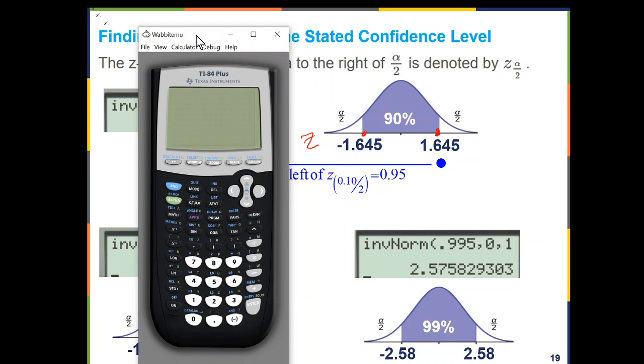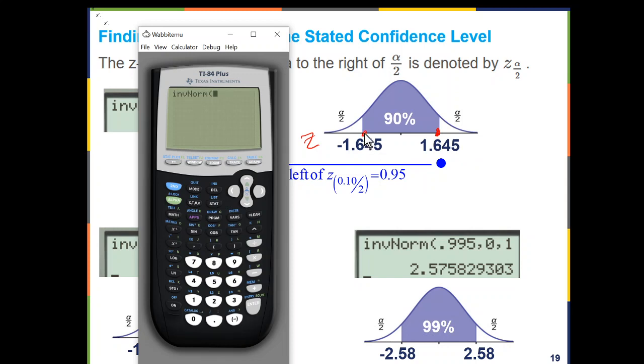So if we want to know what this number is, we go to distributions, and then we find inverse normal. Then how much area do we want to the left of this? Well, if there is 90% in the middle, then there is 10% in the tails, so each of them takes 5%.